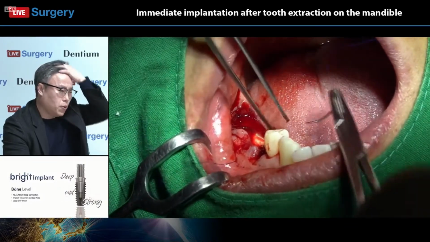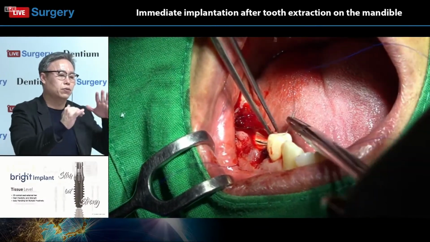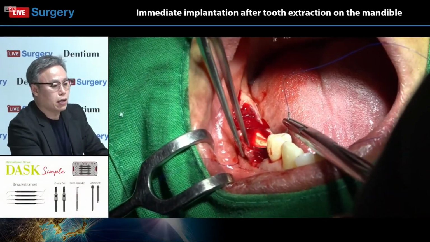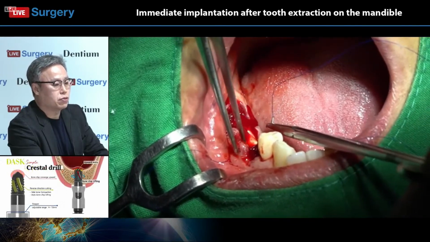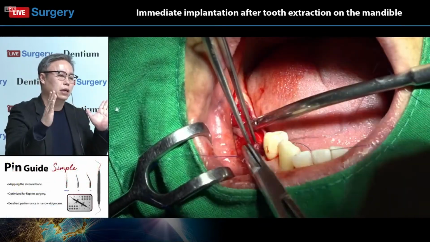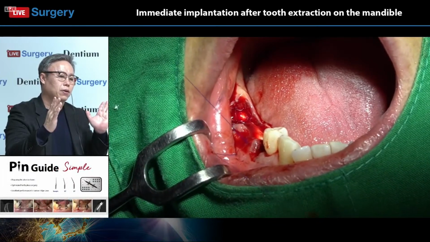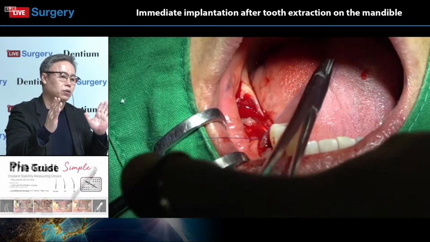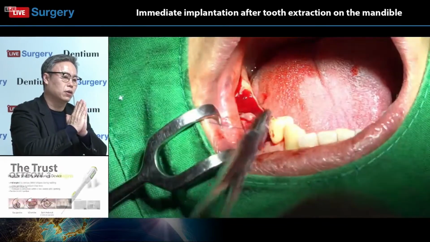And another point that we have to concentrate on is a good tip. After the suture, here he is also using the matrix suture, because the two sides, the lingual side flap and the buccal side flap, for the primary closure, they contact closely.